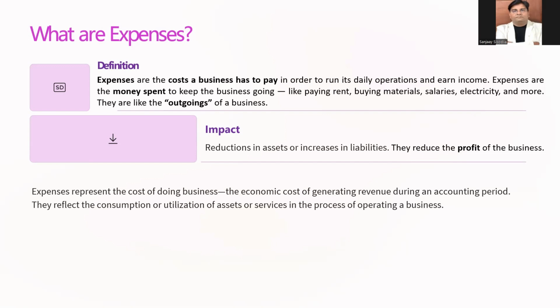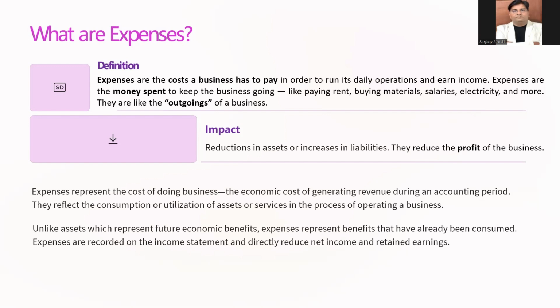They reflect the consumption or utilization of assets or services in the process of operating a business. Unlike assets, which represent future economic benefits, expenses represent benefits that have already been consumed. Expenses are recorded on the income statement and directly reduce net income and retained earnings.